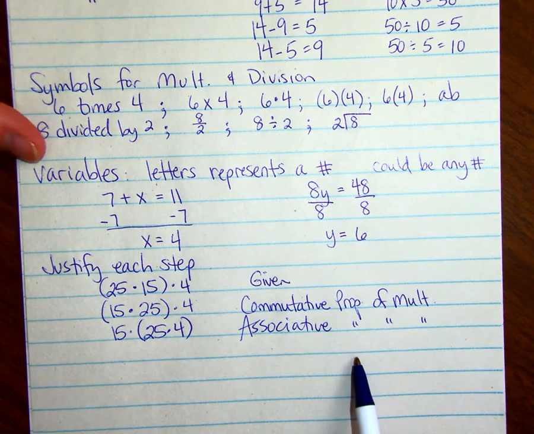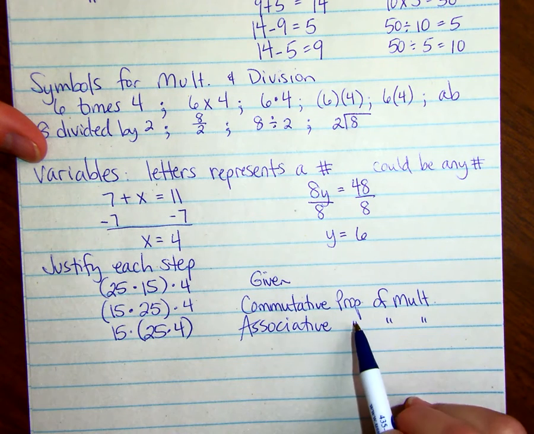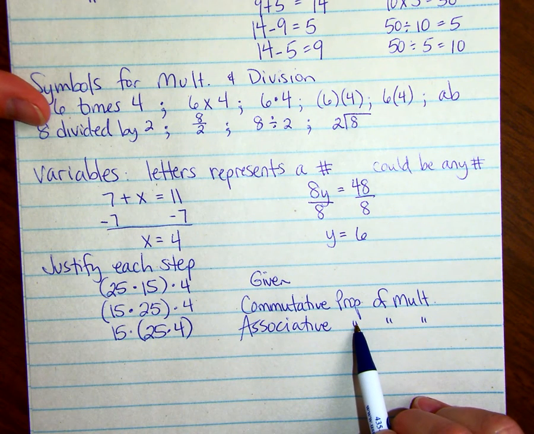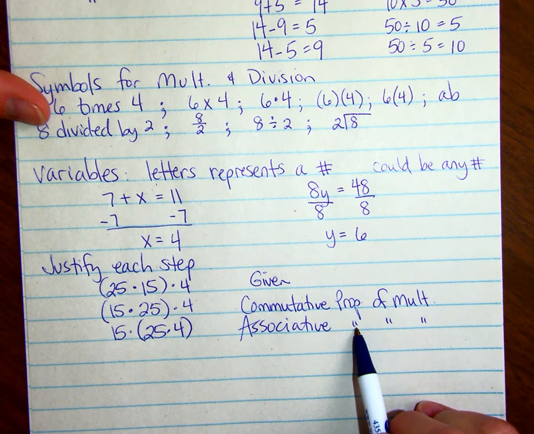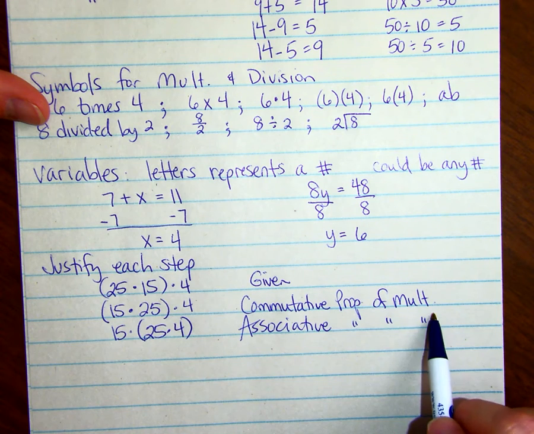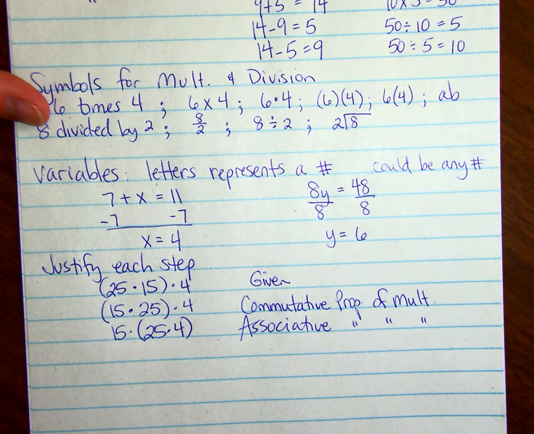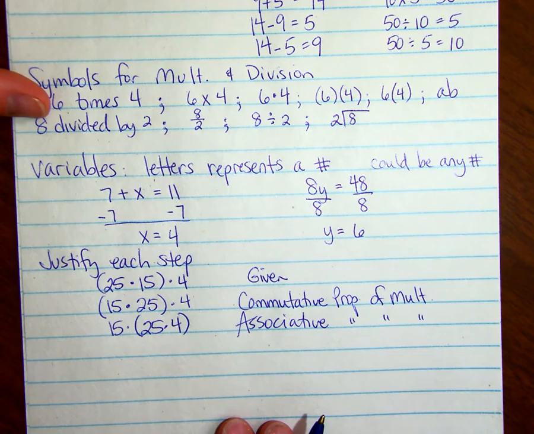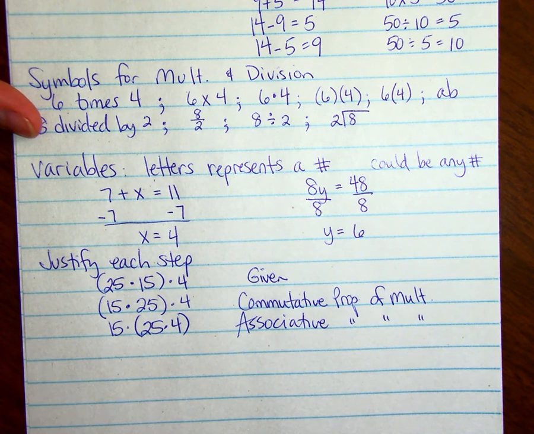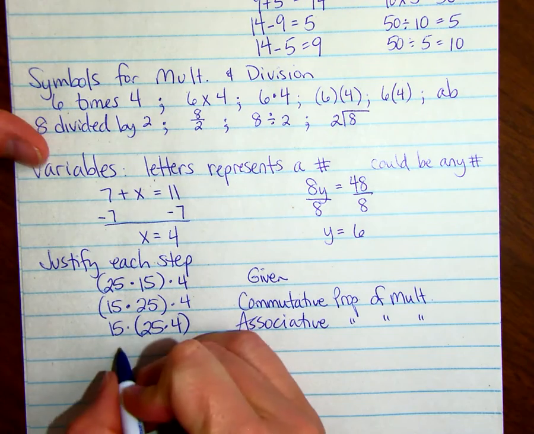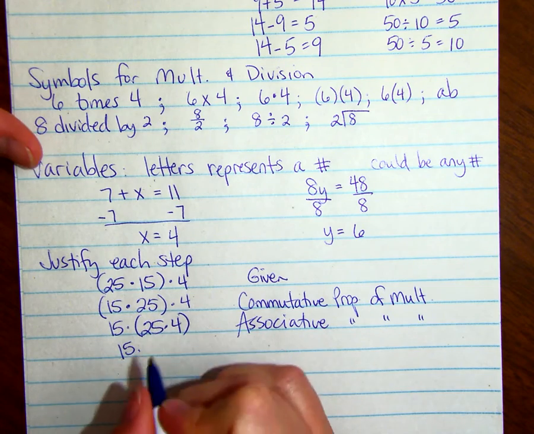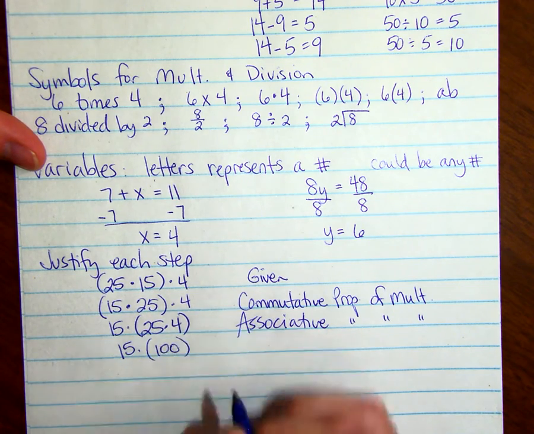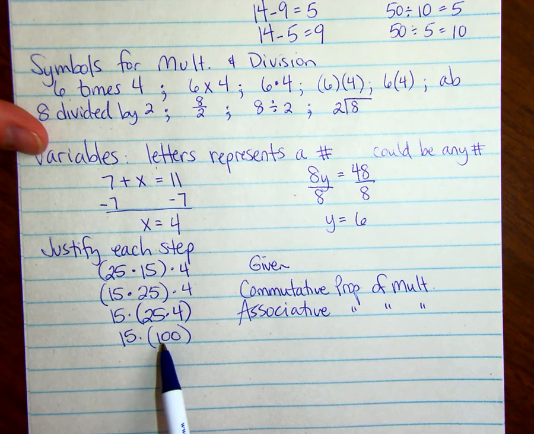Have you guys seen ditto marks before? No. Okay, these little ditto marks right here, they're just little quotation marks. That means, the only word I can think of is ditto. That means repeat. Repeat what's right above it. So instead of rewriting all these things, I just put ditto marks. And that saves us some lead out of our pencils. Yes, it's very important to save all your lead. Just kidding. So we have 15 times, 25 times 4 is 100. So all we did was multiply 25 and 4.